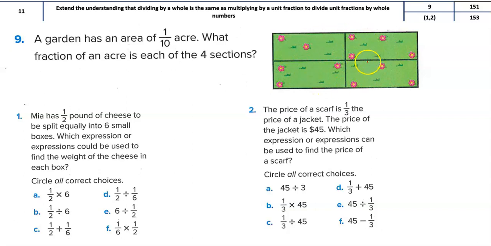We divided it into 4 sections. Let us start. So we write the equation of division. It is division. 1/10 divided by 4 equal. 4 is the divisor.